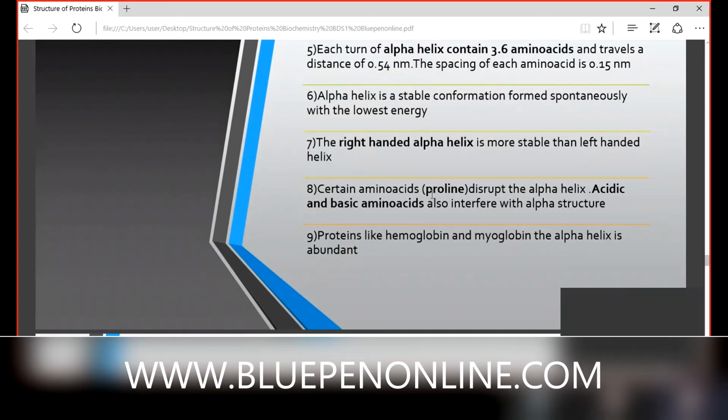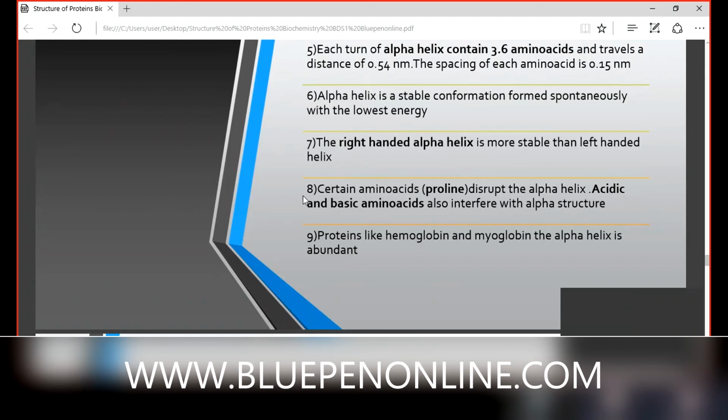What is proline? Proline is an imino acid. Alpha carbon is the carbon to which, in every other amino acid, the groups are attached to the same carbon.